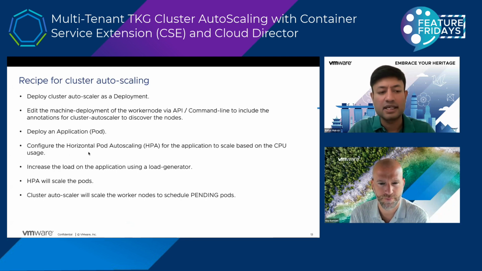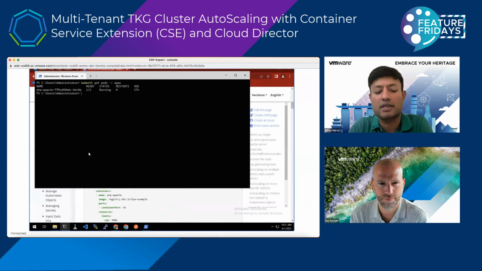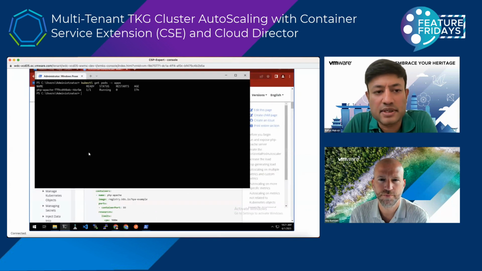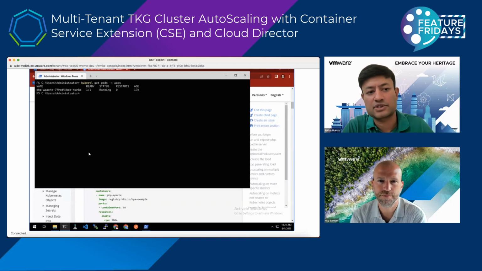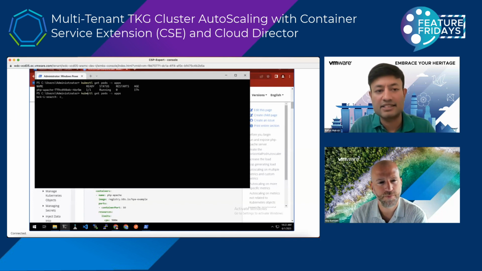So the next thing, if we go back into the presentation, is to configure the horizontal pod autoscaling for the application. Now, when we were talking about the example of a critical application where it needs to scale up and down based on the traffic, this is where the horizontal pod autoscaler can be configured: if the CPU usage threshold is something like this, then please scale the number of pods to a particular number.